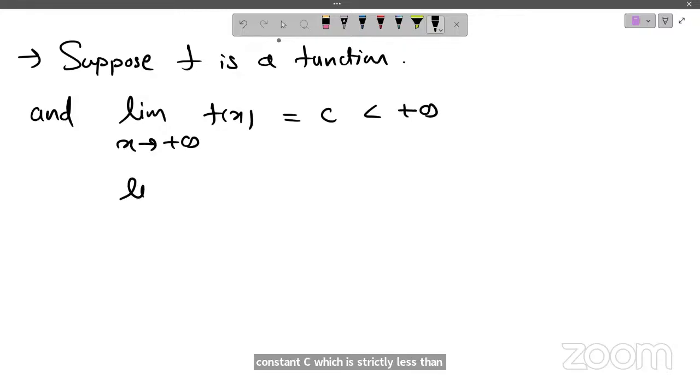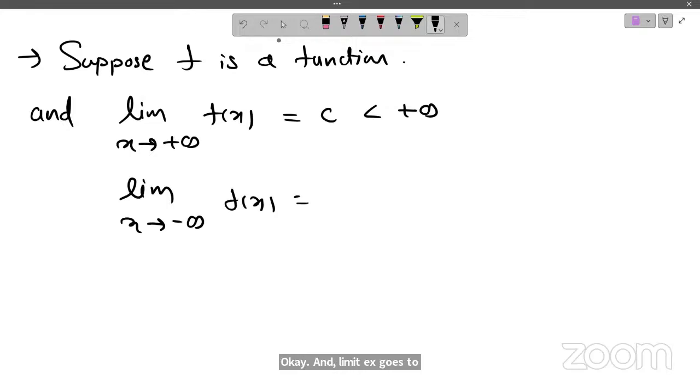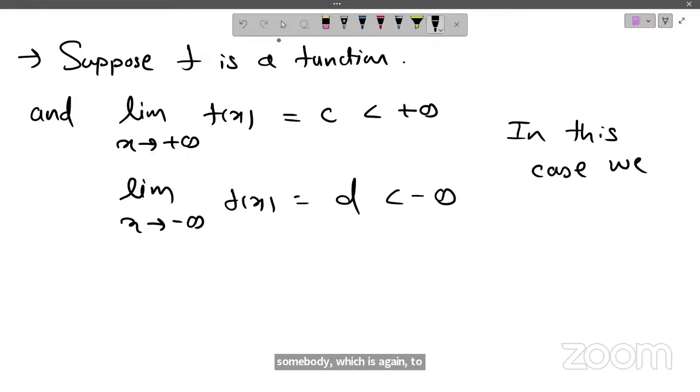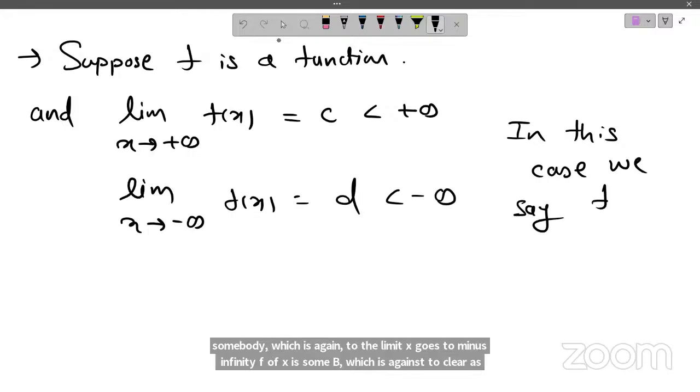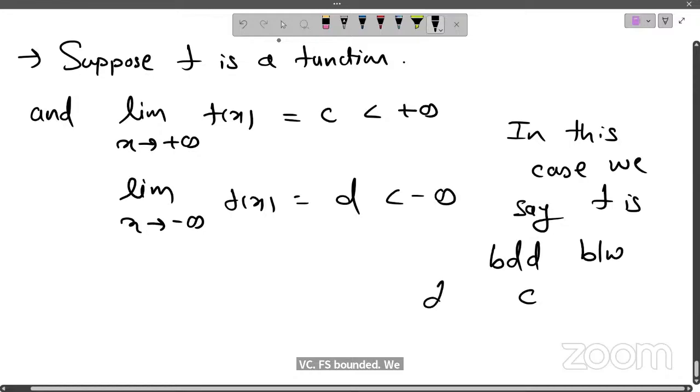And the limit as x goes to minus infinity of f of x is some d, which is again finite. In this case, we say f is bounded, between d and c. This is a main fact.